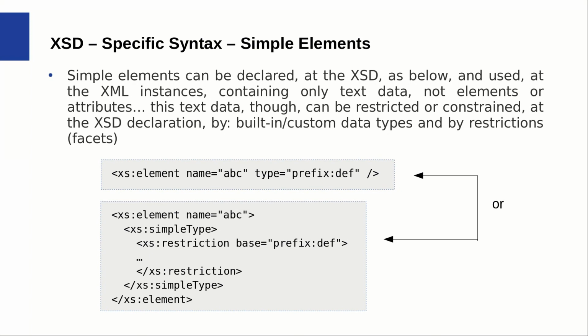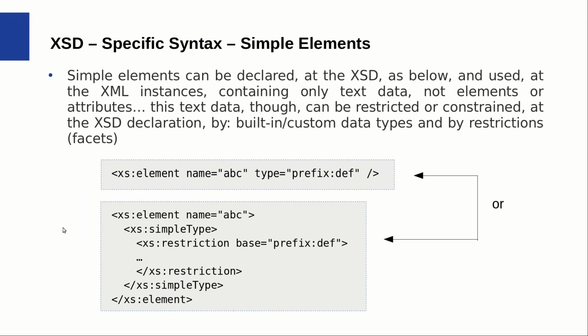And this text data can be restricted or constrained inside the declaration at the XSD document through built-in or custom data types, as well as by restrictions or facets. So let's first see here the two forms of declaring simple elements, and next we'll see those restrictions that we can apply inside the declaration of these elements.